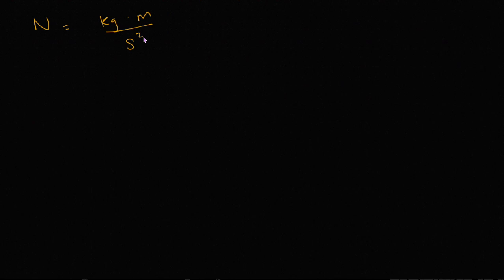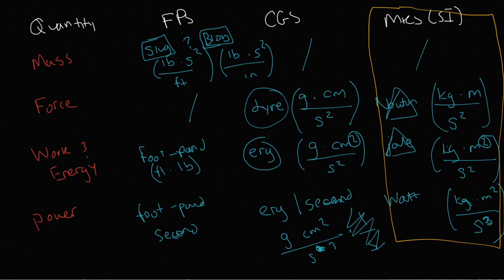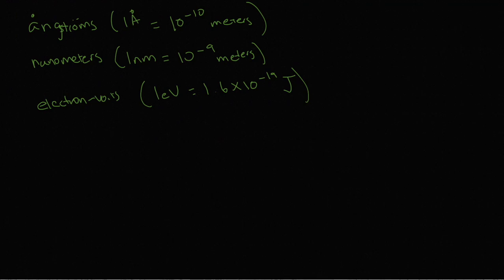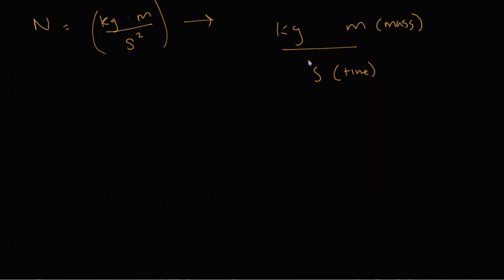If we look back, pound is part of the FPS system. Let's dissect this. In kg m over s squared, seconds is time, m is not mass, it's length, and kg is mass.